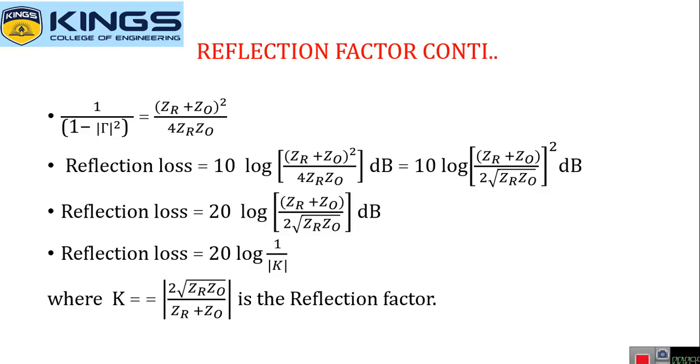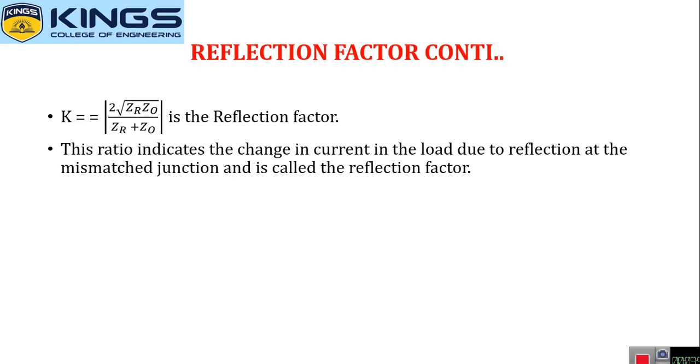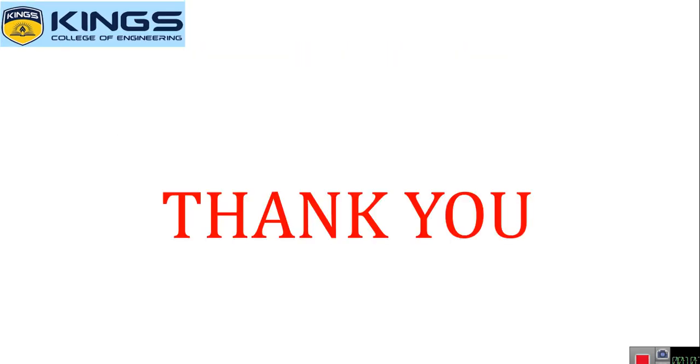So k equals 2 into square root of ZR Z0 by ZR plus Z0, which is the reflection factor. This ratio indicates the change in current in the load due to the reflection at the mismatched junction, and is called the reflection factor. Thank you.